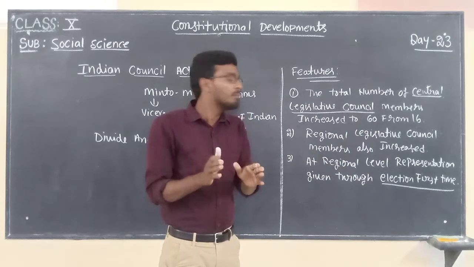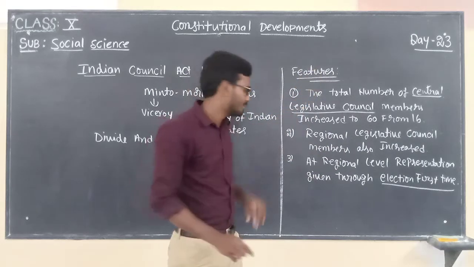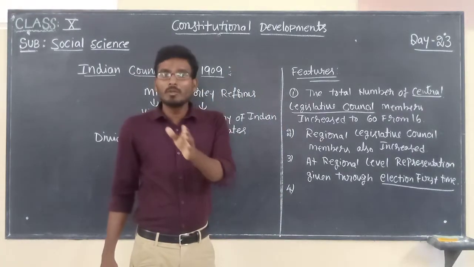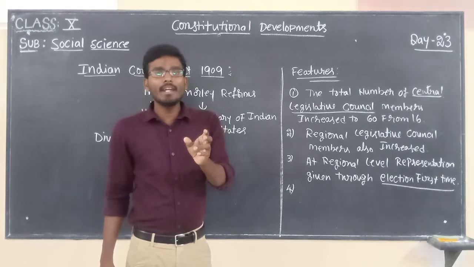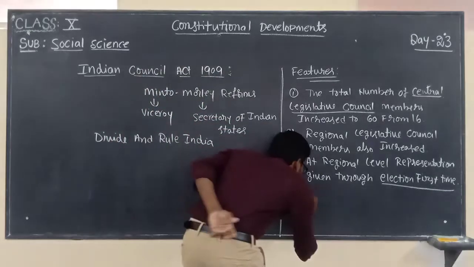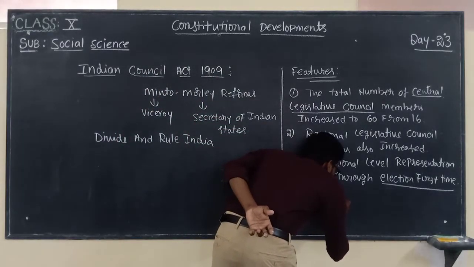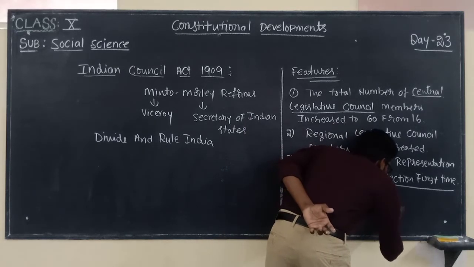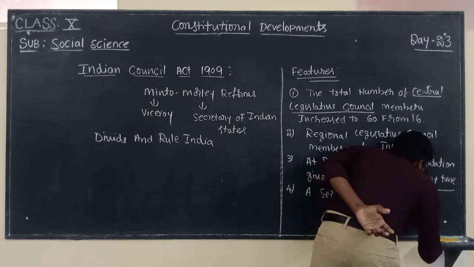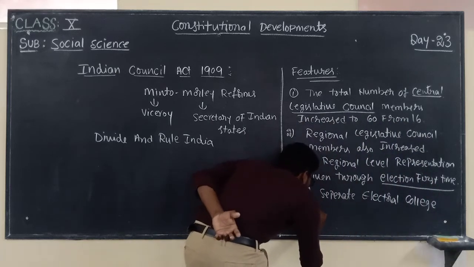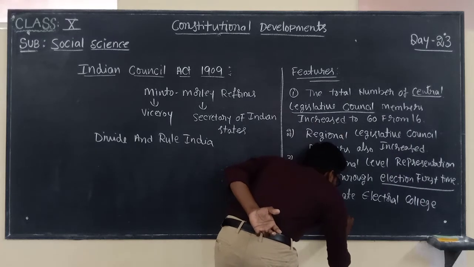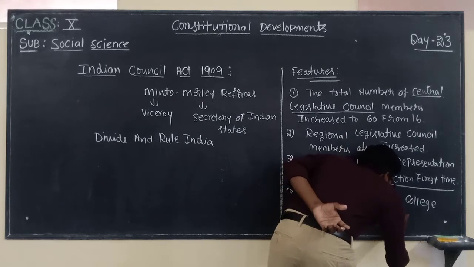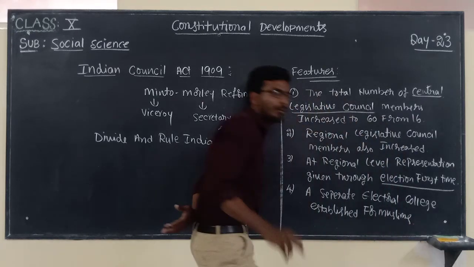And finally, one more important feature of this act. In order to give special representation to the Muslims, a separate electoral college was established for Muslims. I hope you are very clear, right?